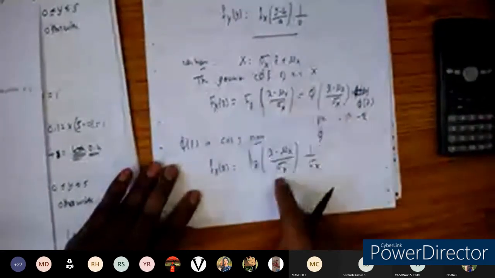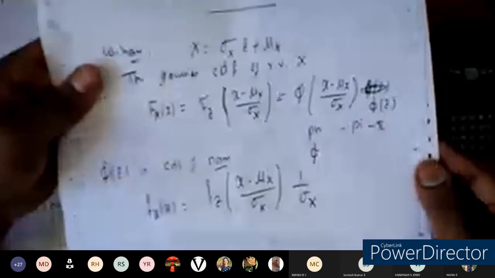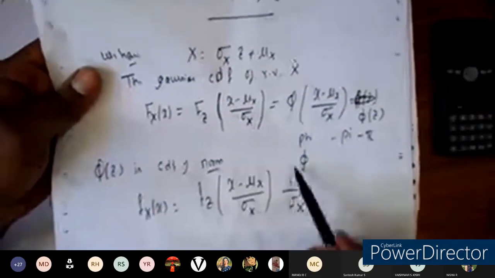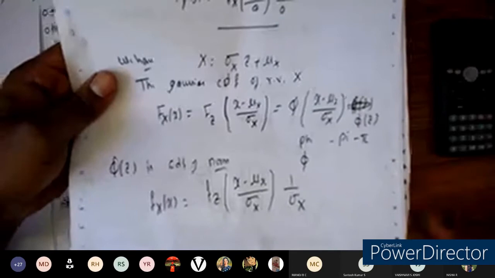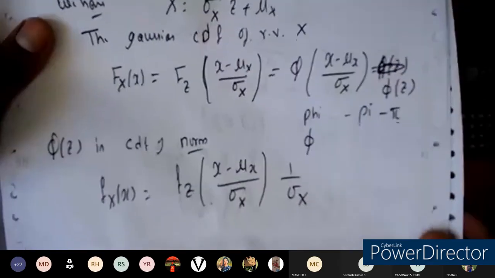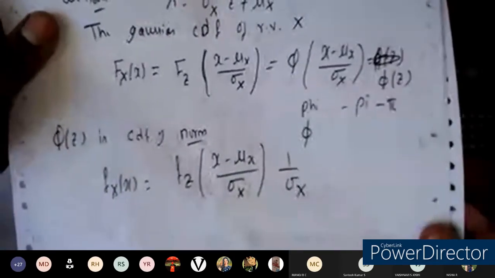If we differentiate, the differentiation of x is nothing but 1, so the denominator gives 1 by sigma x.